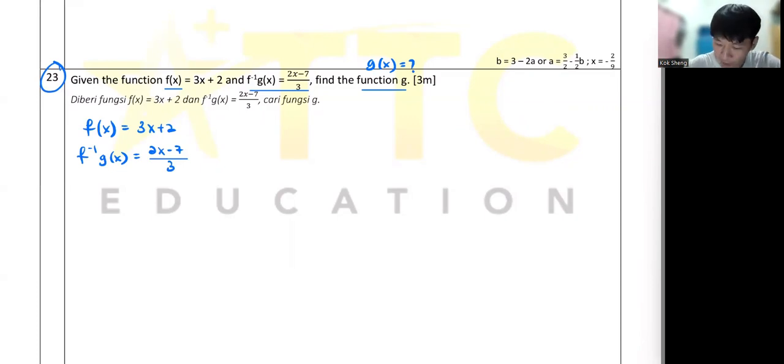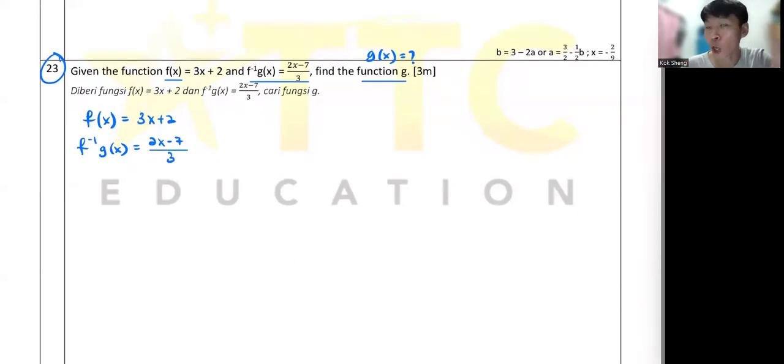Okay, so now, how we find this answer is like this. This question, the concept is still following the object and image. Besides that, one more thing you have to apply also. Remember your indices, right? You learn in form 2 or 3, I'm not sure. I forgot already.